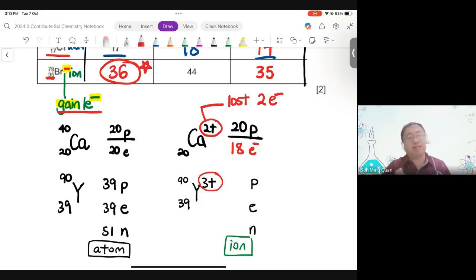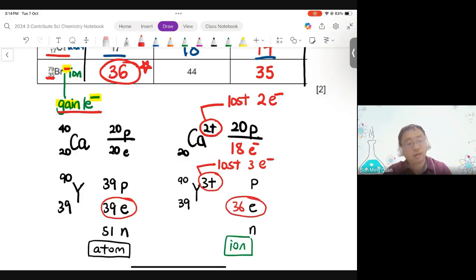Why is it positive now? It's positive because actually it lost electrons. How many electrons did yttrium lose? The yttrium atom, to form a 3 plus ion, lost 3 electrons, right? So originally it was 39 electrons. Now it should be 39 lost 3, 36. But the rest remains exactly the same.